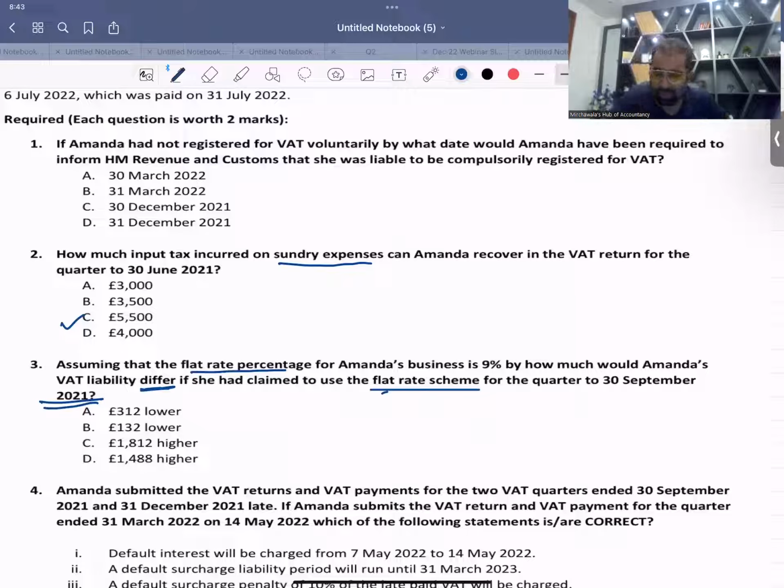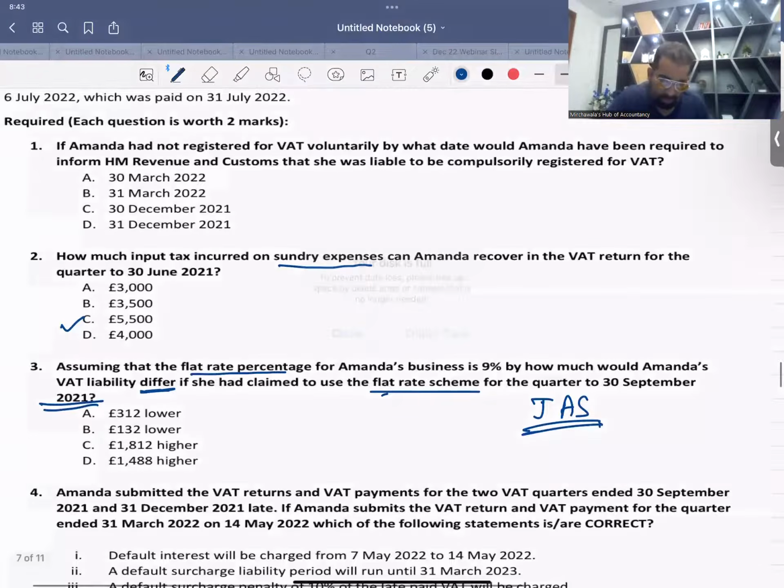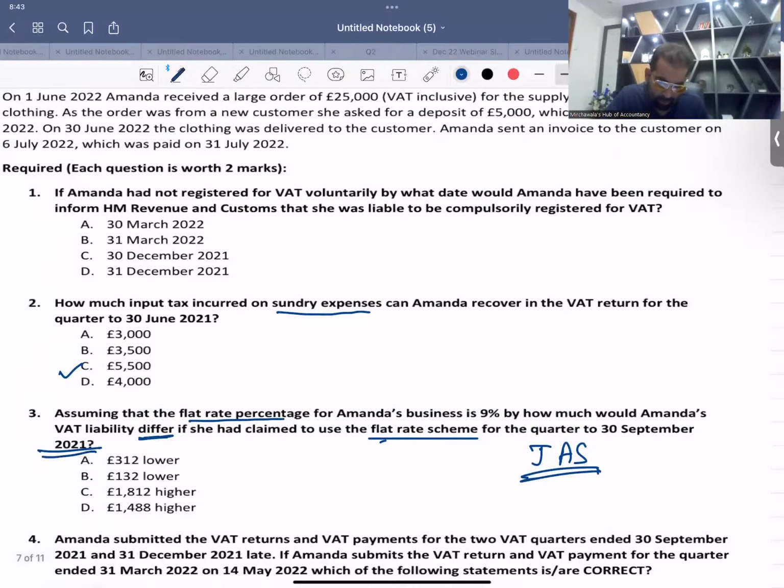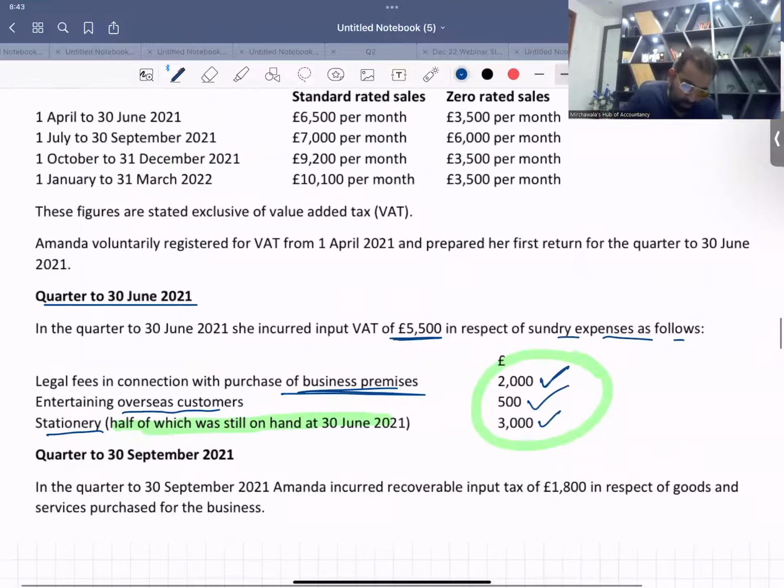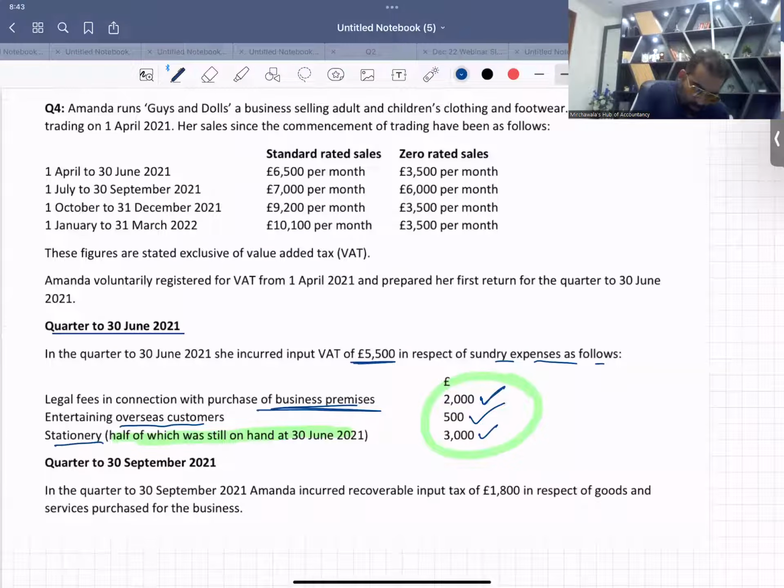September means July, August, September, these 3 months. Let me write the quarter.